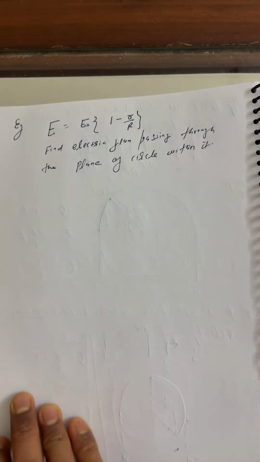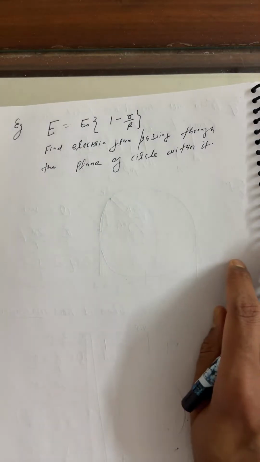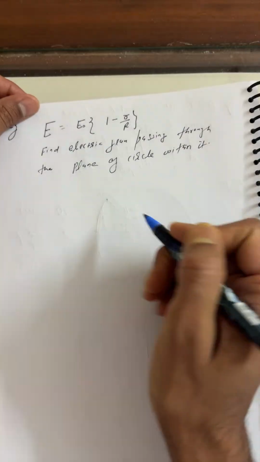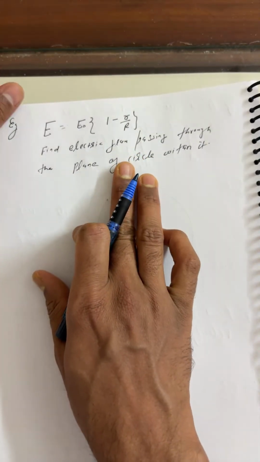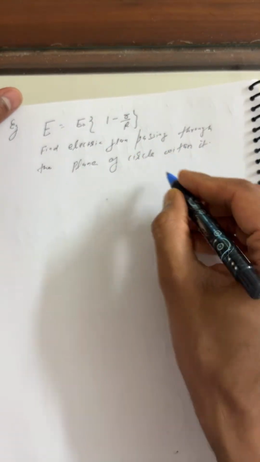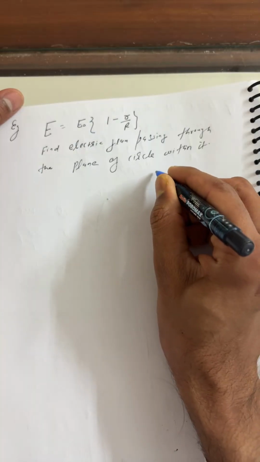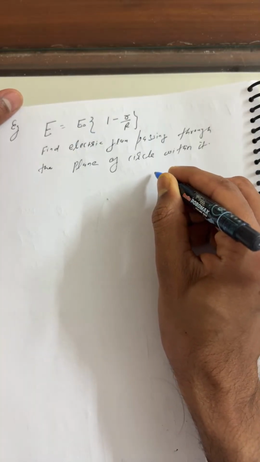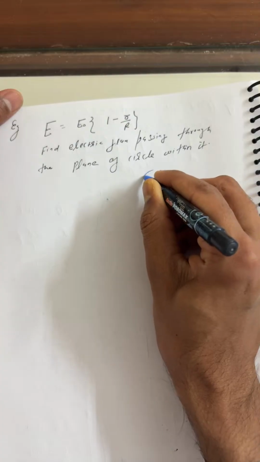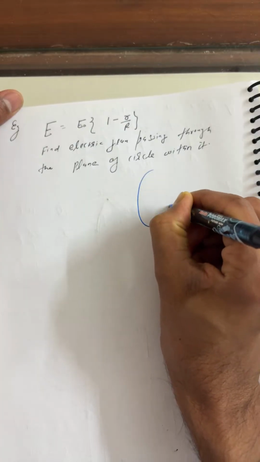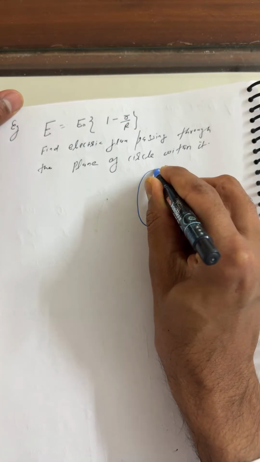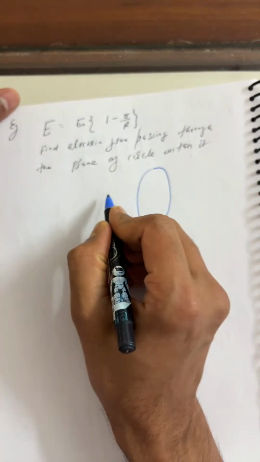Right, my dear? Okay. So this is the data, beta, in the question you can take it like this. This is the circle.